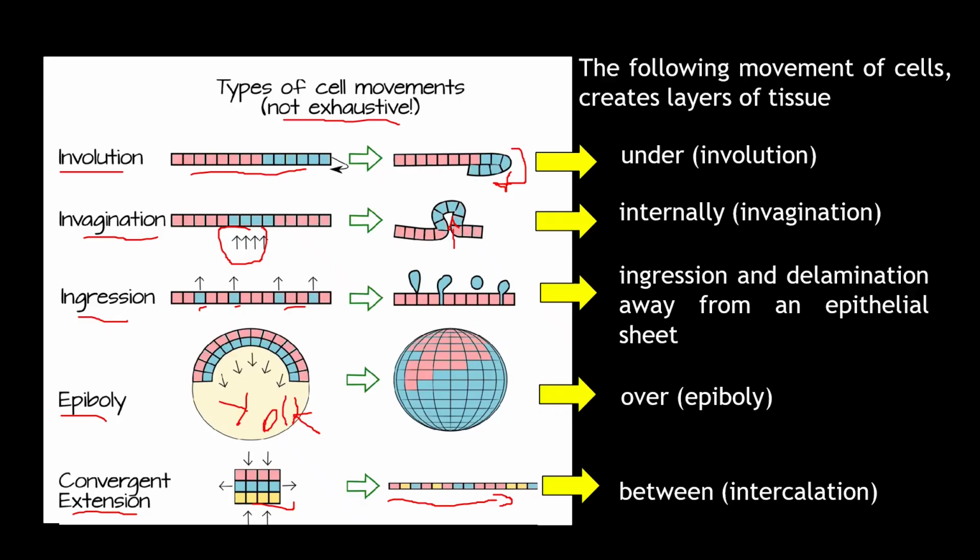You will find that also in the gastrulation process of the frog. This process is called convergent extension, and it involves the intercalation of cells. Again, there are more processes that you can see, but I want you to keep these in mind so you remember them and can understand some of these concepts much easier.